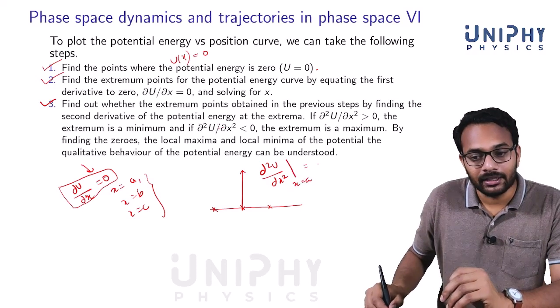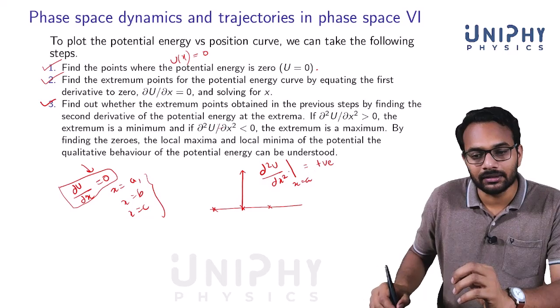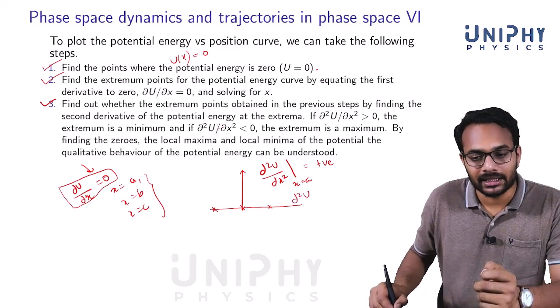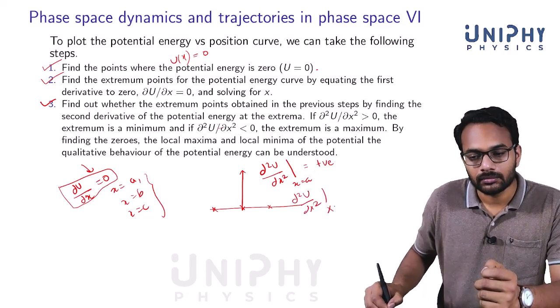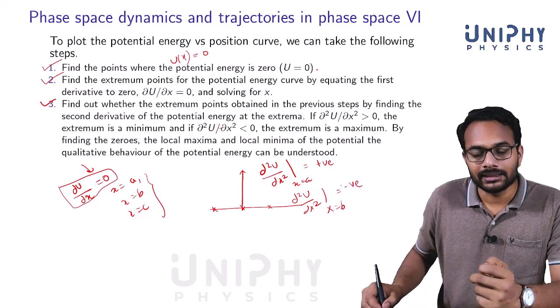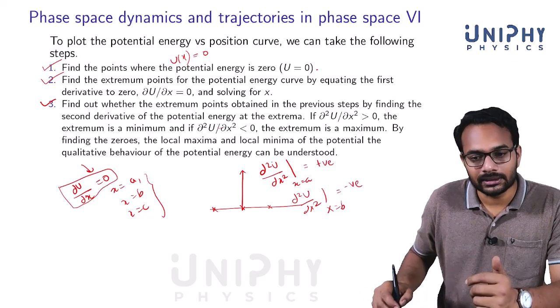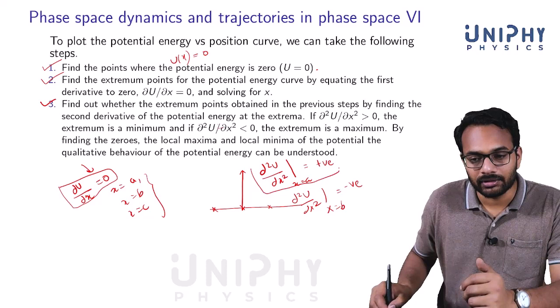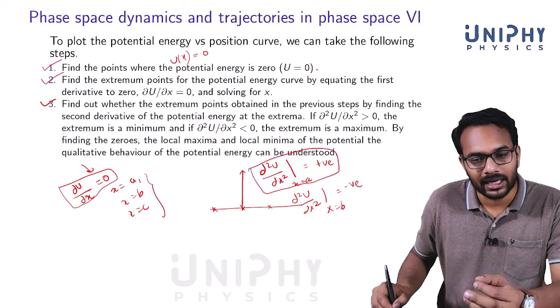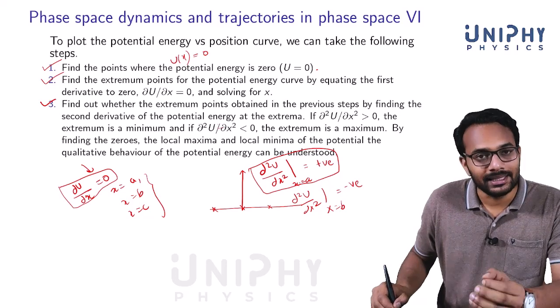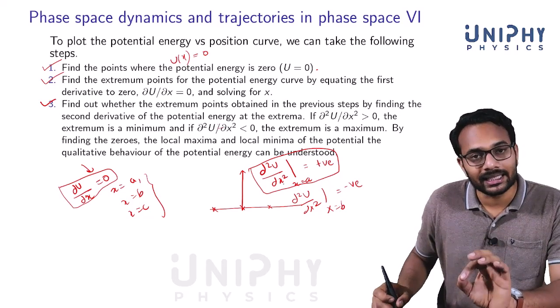If it's positive, then it's a minimum. If it's negative, then it's a maximum. This is the rule. You already have these extremum points; you take each point and find the second derivative at that point.